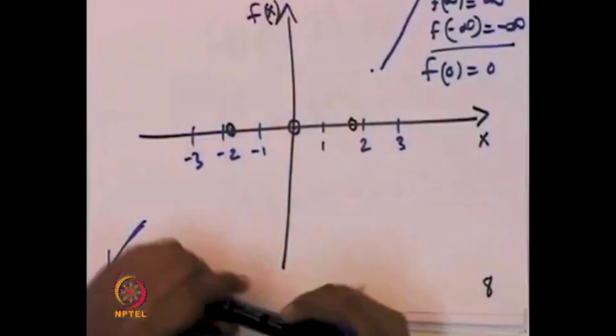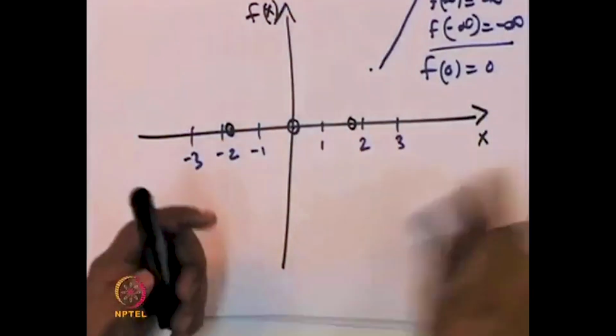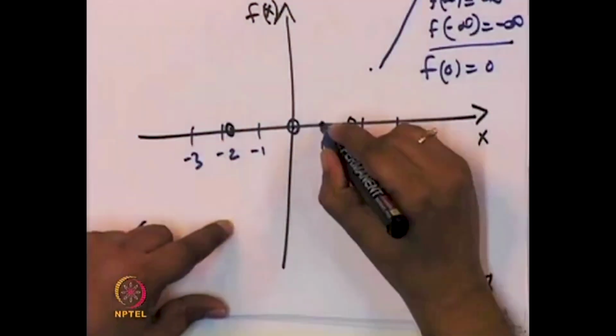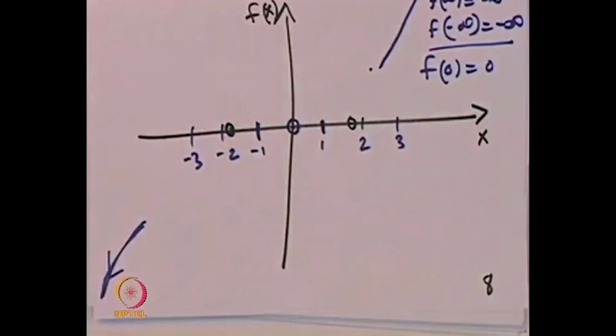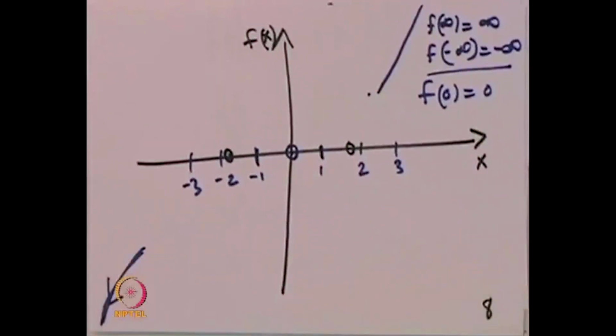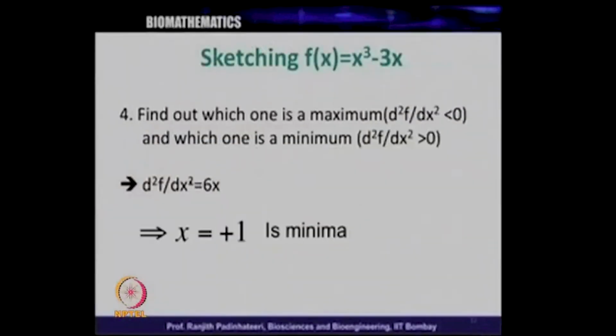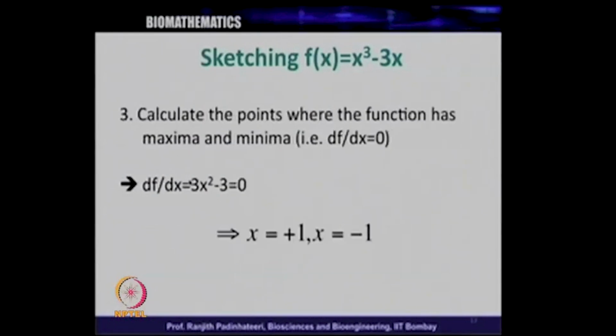So, let us go back to this curve. At the points x equal to plus 1 and x equal to minus 1, we have either a maxima or a minima, but we want to find out which. That is the next thing in the recipe. So, what did we find so far? We found that at x equal to plus 1 and minus 1, we have maxima or minima.